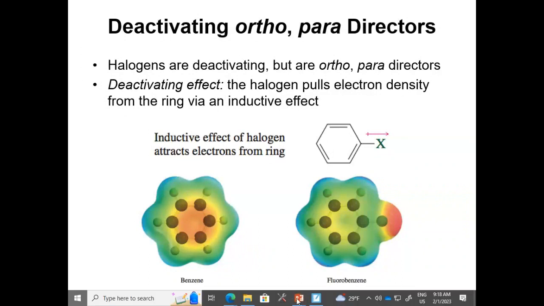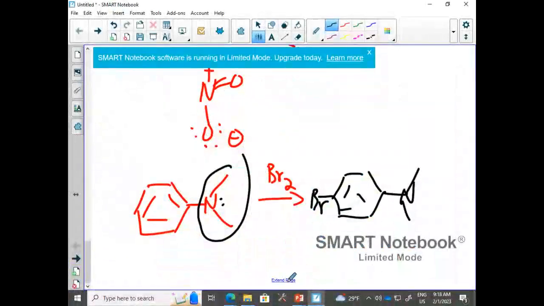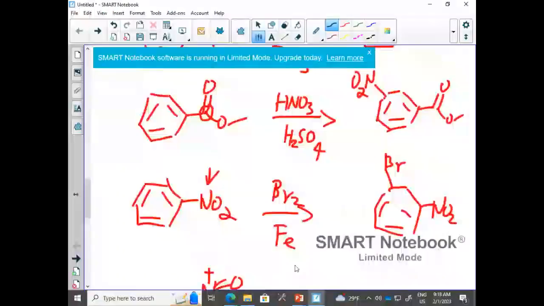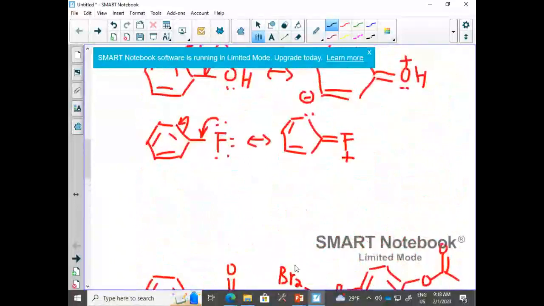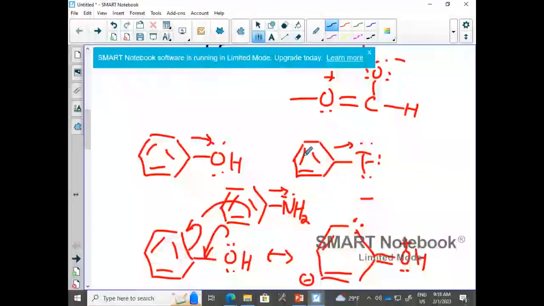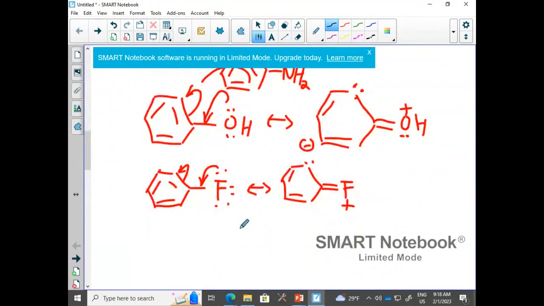As I showed you, for fluorobenzene, these two effects, the inductive effect and the resonance effect, are almost the same. So fluorobenzene and the parent benzene have very similar EAS reaction rates.